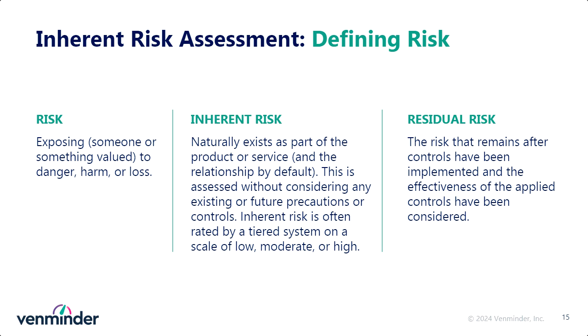Inherent risk is usually rated on a tiered system of low, moderate, or high. And finally, residual risk is what remains after controls have been implemented. So if a vendor has inherent reputational risk, you might implement some type of controls to ensure a certain level of quality. This leftover risk would then be considered your residual risk.